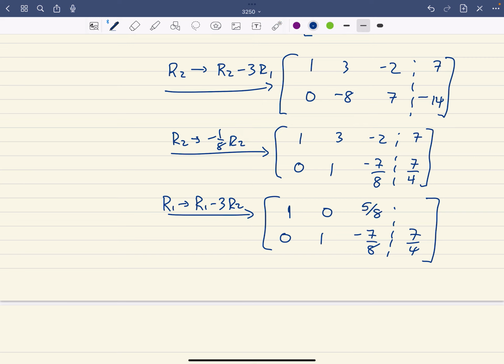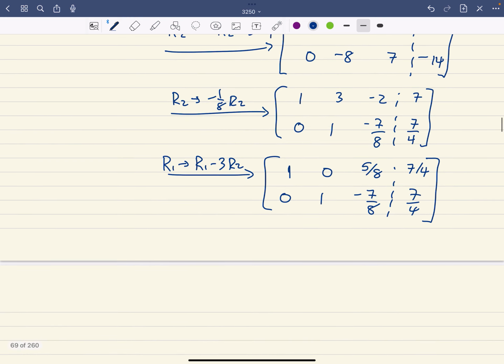And then if we take 7 minus 3 times 7/4, so that's going to be 7 is 28/4, minus 21/4 will be 7/4. So those happen to both be 7/4 on the right.